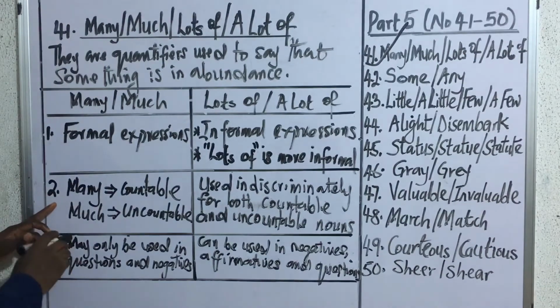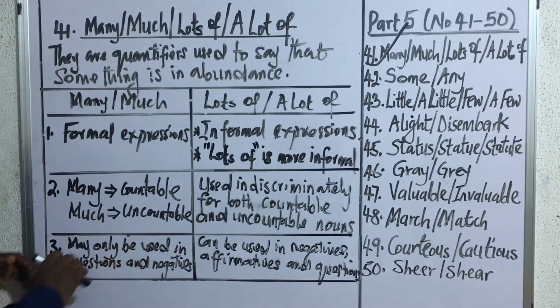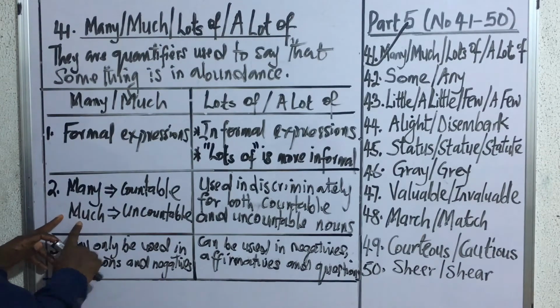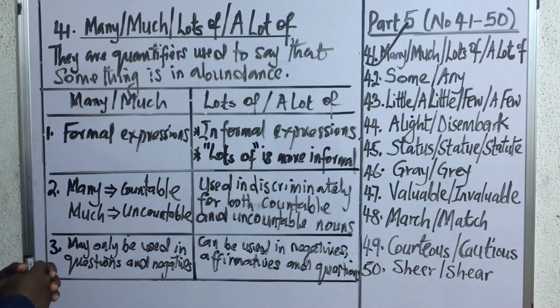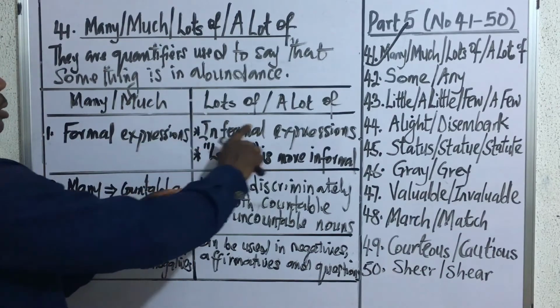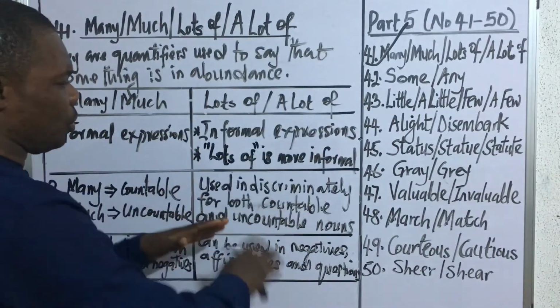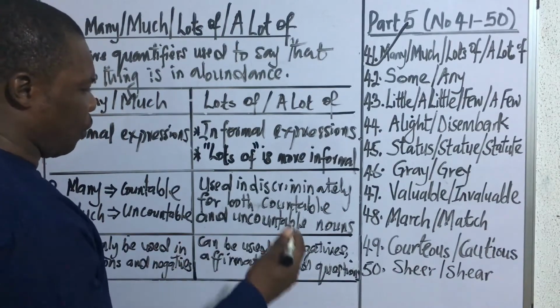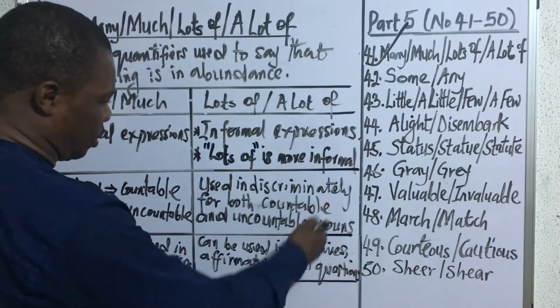Then the second thing we have established is that many is used with countable nouns while much is used with uncountable nouns. However, lots of / a lot of can be used indiscriminately, that is, without any discrimination, for both countable and uncountable nouns.